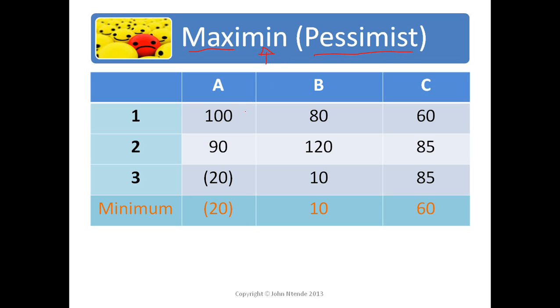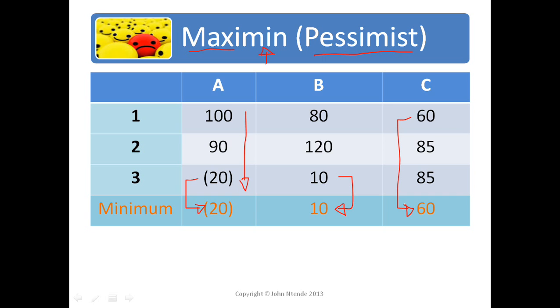What you do is you take each project in turn. Now going down, we realize that the worst possible outcome for project A is a loss of 20, which you put down here. You create a different row. You do the same thing for B. The least possible outcome is 10. And for C, the worst possible outcome is 60.